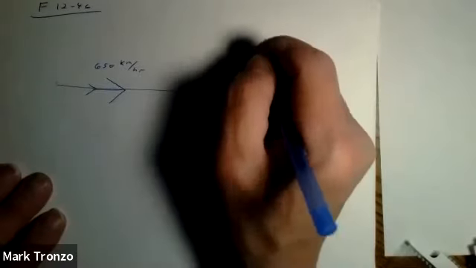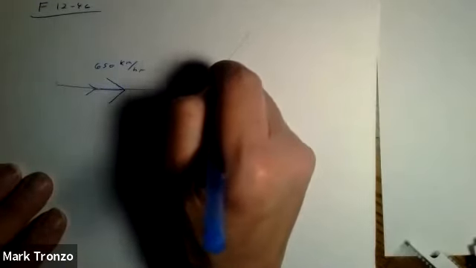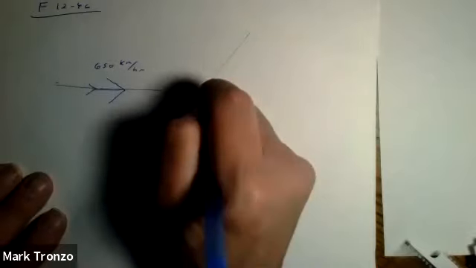And then we have another plane, plane B, coming down in this direction, and we're told this is 60 degrees.